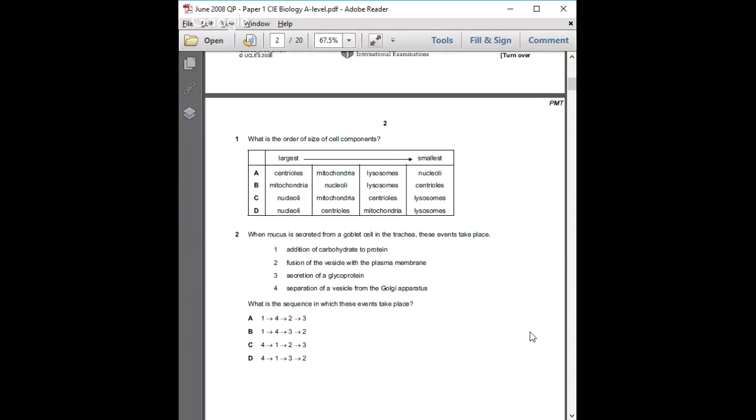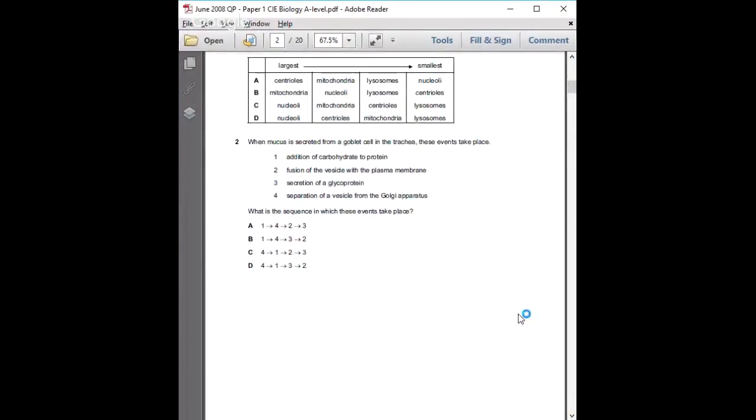Nucleoli here is a bit of a distractor, because the jerk reaction is to assume they're talking about the nucleus, which is a huge organelle, but actually the nucleoli is smaller than the mitochondrion. It's a bit of a brutal first question for that paper, but okay, let's move on.